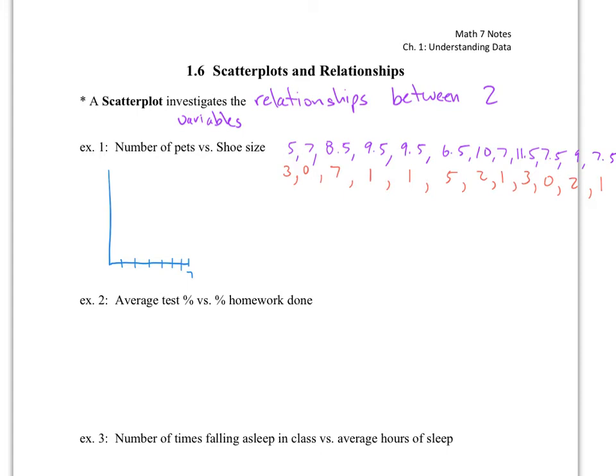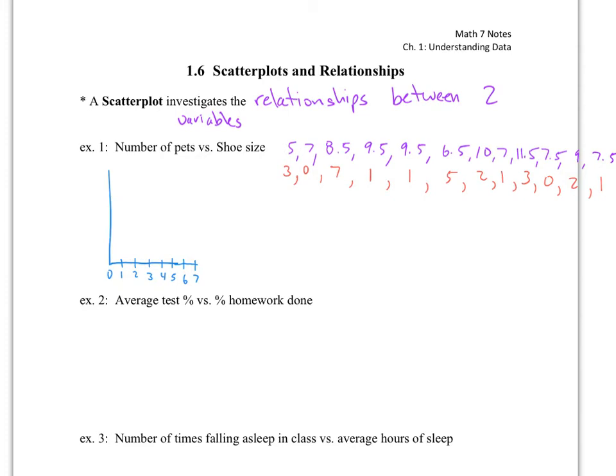And that wasn't perfect for me, so I'm going to erase that a little bit. And no, you don't have to label every single one of these. Okay. And nobody had a negative number of pets, so we wouldn't have to do negative numbers either, which is kind of nice.